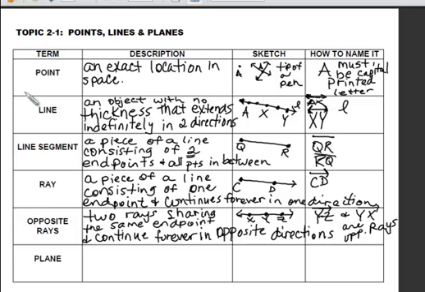Now plane. The point, the line, and the plane are our three undefined terms, meaning they are just defined by an example of something.